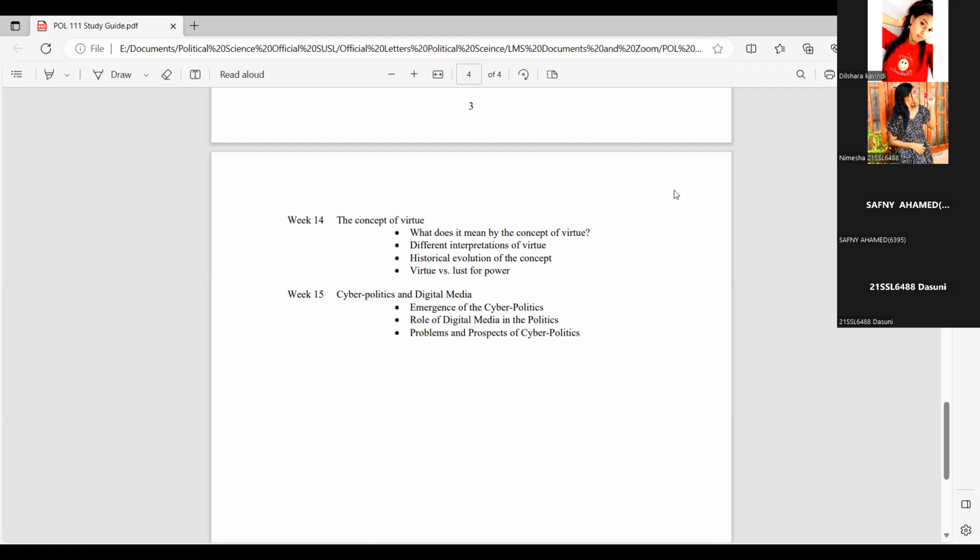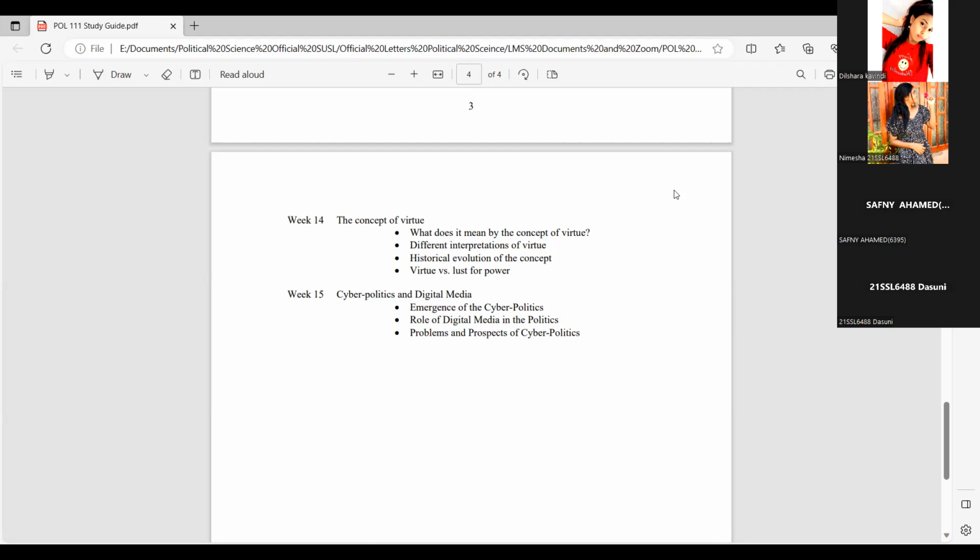It means you have inborn talents in digital media. And also, you're always with this type of digital content. You are in the middle of cyber politics, but you don't know about cyber politics.